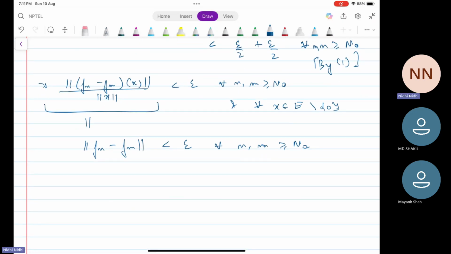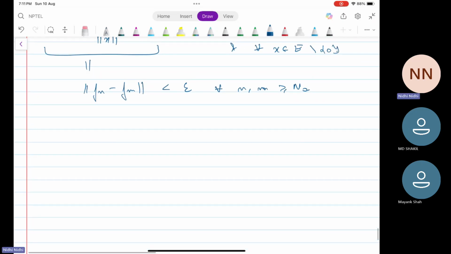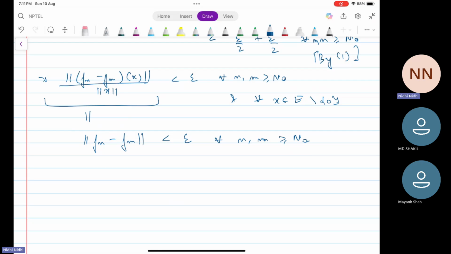I'll do that proof in the next class. So basically, these norms are equivalent. It was an exercise problem: x is equal to h of x naught, where x naught is fixed, and then we take h tending to 0.